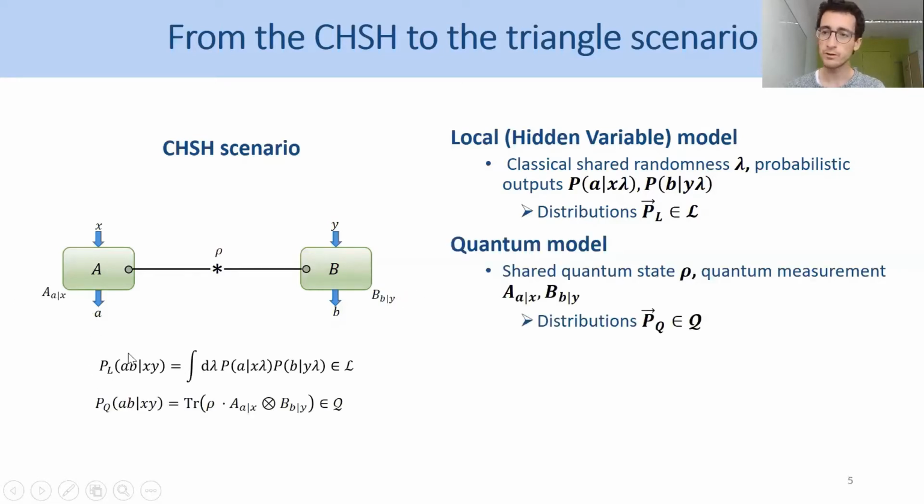And then there is a second explanation, which is a quantum explanation in which we have a quantum source and two quantum measurements for Alice and Bob.